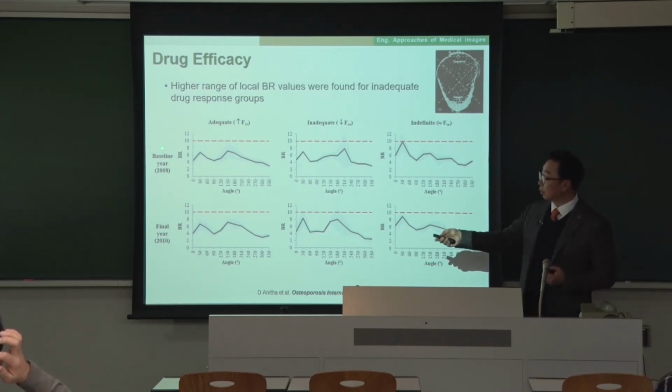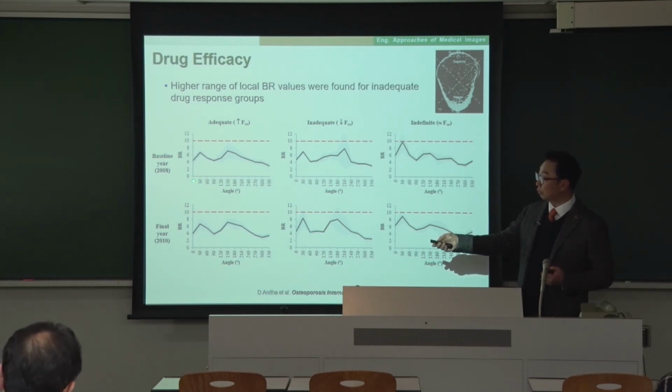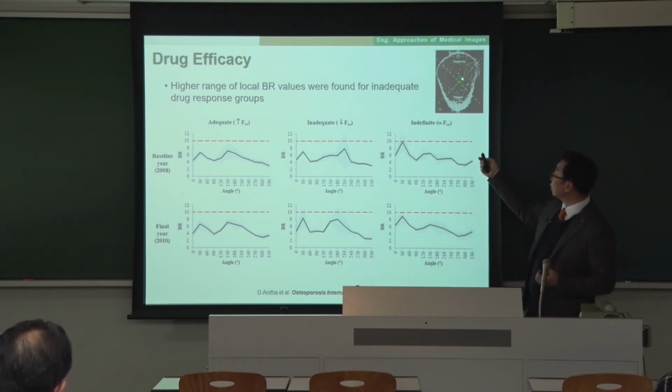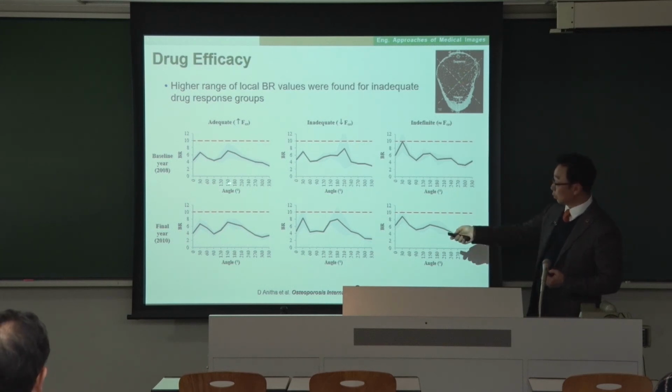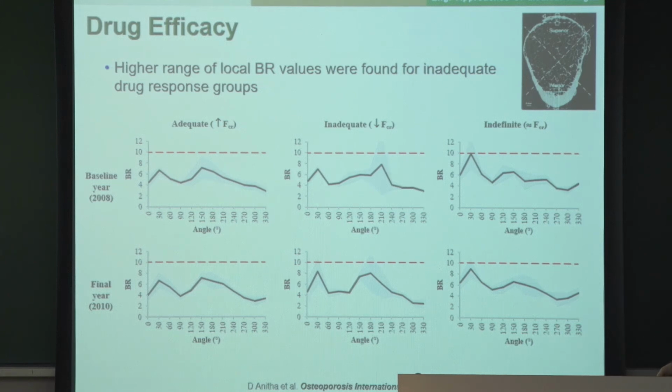Look at this buckling ratio, and this is a profile angle, 0, 30. So this is 0, this is superior, inferior, this is anterior region. 0, 30, 60, 90. So that's what it means, 0, 30, 60, 90, up to 330, okay?